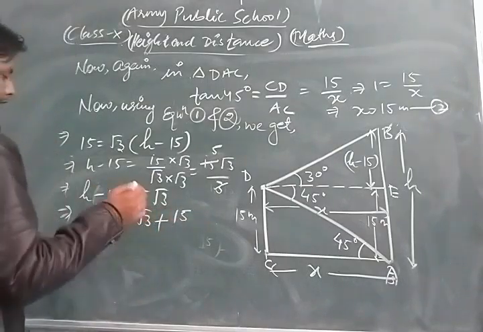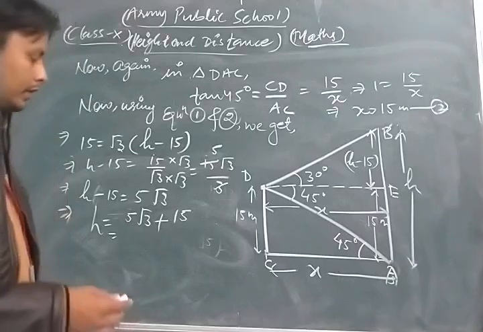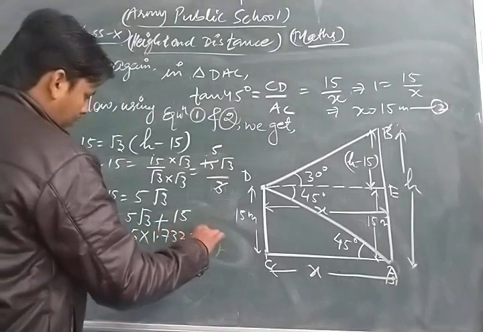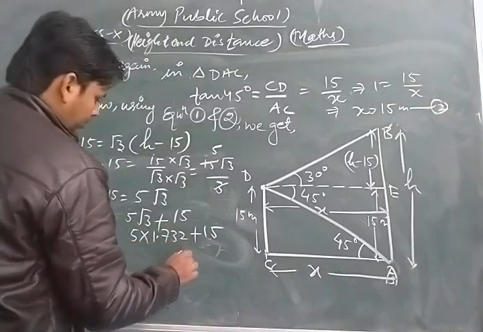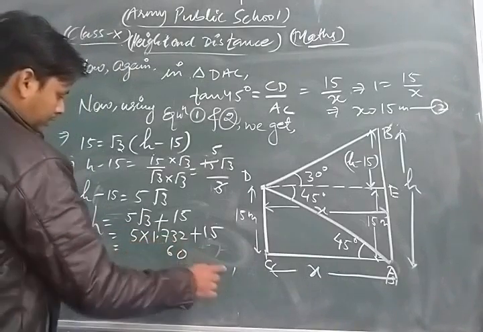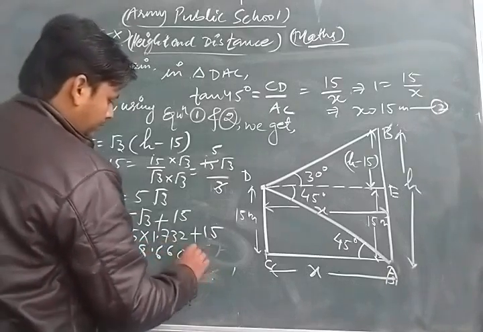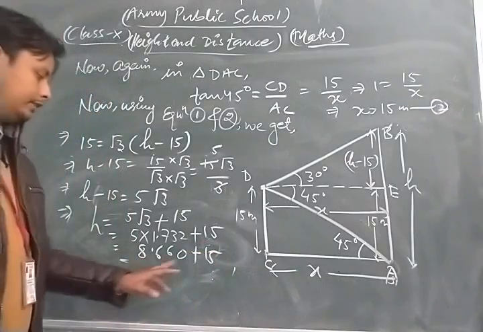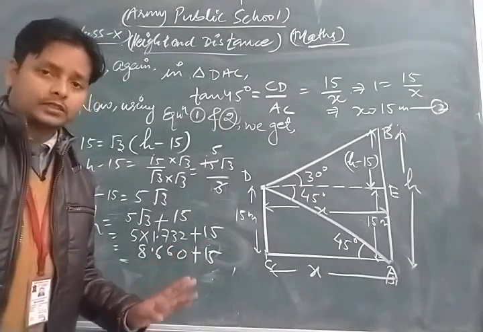Now in that question the value of root 3 is given, that is 1.732. So now we just put the value. H is equal to 5 times 1.732 plus 15. Now 5 times 1.732 is 8.66, plus 15. Now adding them, 15 plus 8.660 is equal to 23.660.